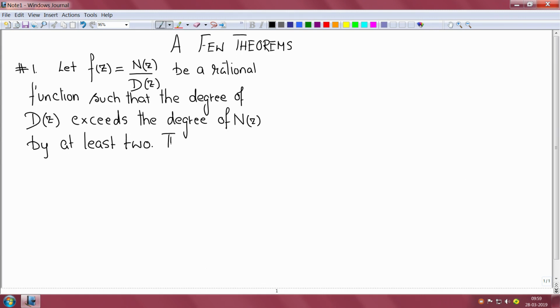Then the limit as R tends to infinity of the integral over a circular arc C_R of f of z dz is equal to 0.